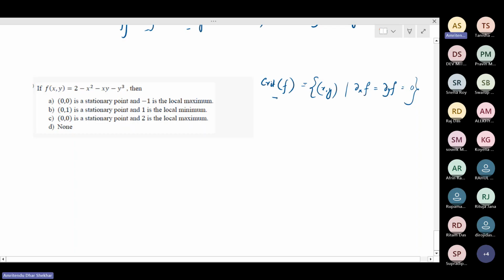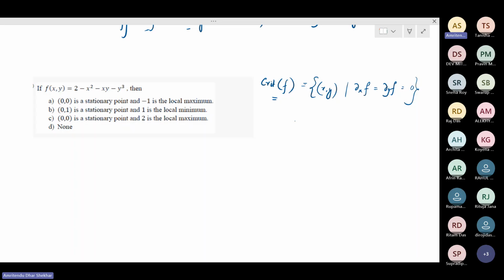Now, of course, the question is how to determine whether a critical point is a maximum or a minimum. Let me first tell you what happens for the multivariable case. In the one dimensional case, what you know is that a critical point can either be a maximum or a minimum.